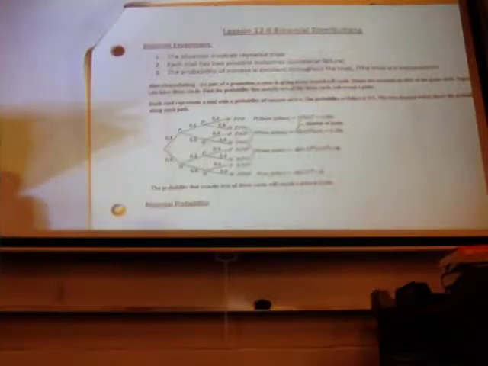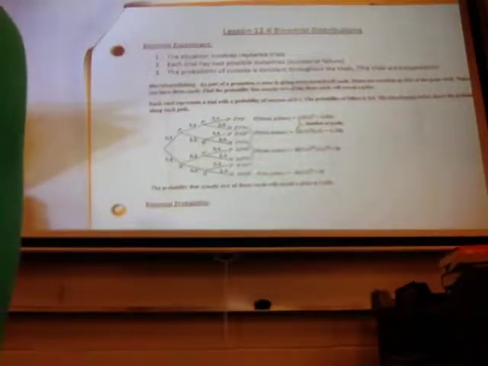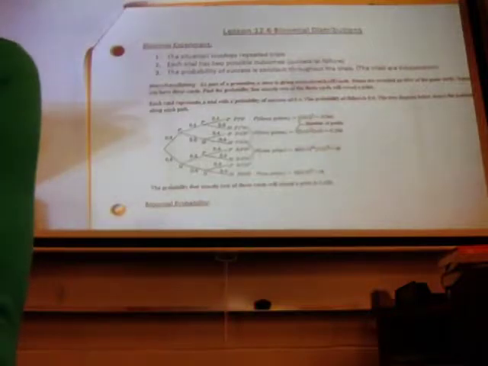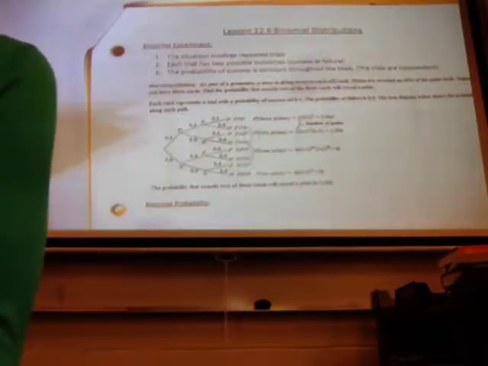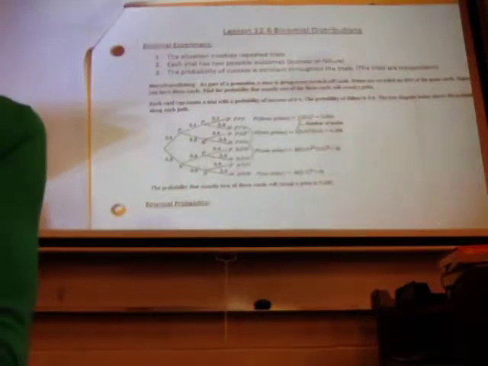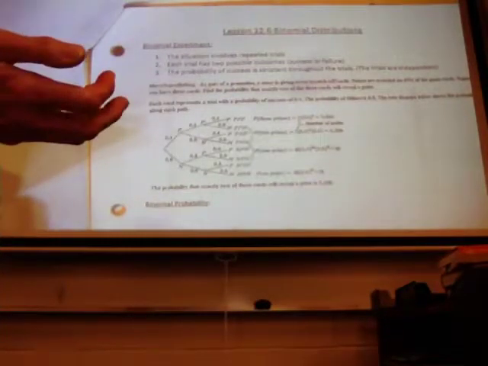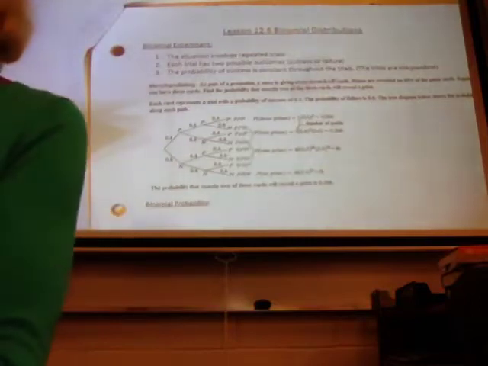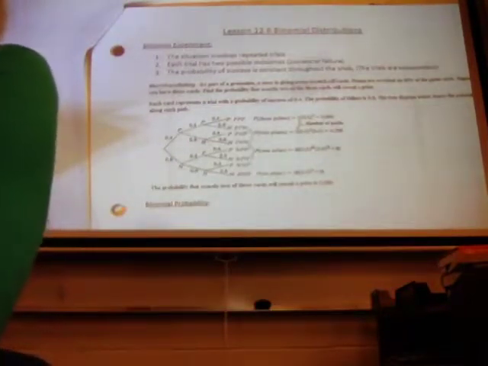So in the binomial distribution, we're talking about the successes. On the first trial of your experiment, the probability of the success is the same as on the second trial, or the third trial, or the fourth trial. The probability of success stays constant.